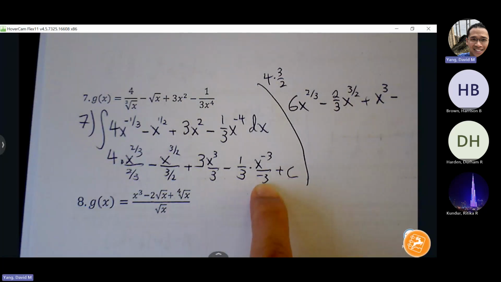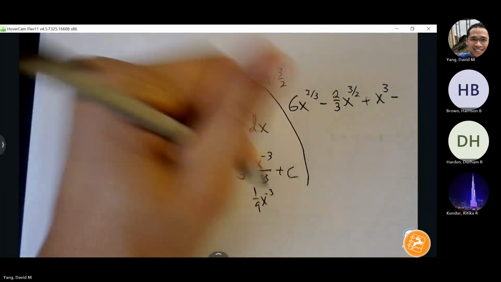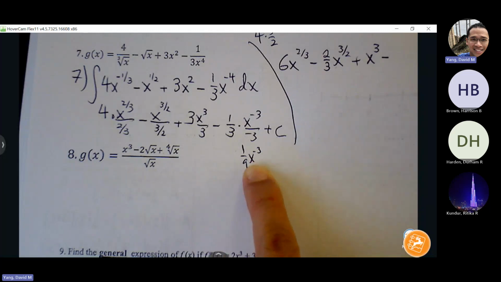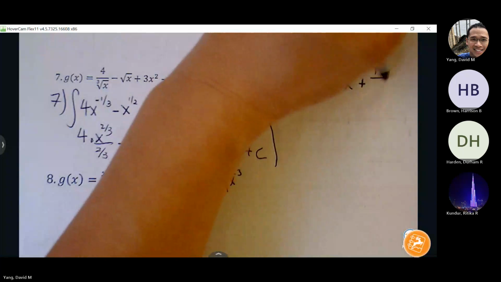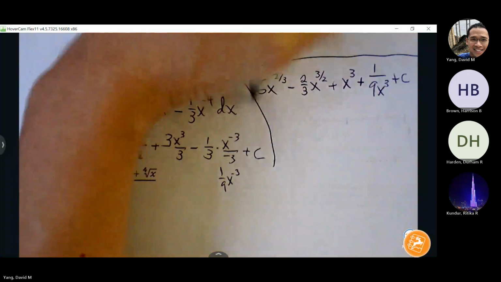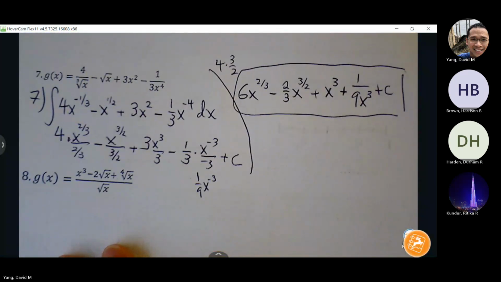Negative 1/3 times, or the 3's in the denominator can multiply. I have 2 negatives there that become positive, so 1/9 x to the negative 3. But I'm going to drag that x down to the denominator so I can present my answer with a positive exponent. So 1 over 9 x cubed plus c. Was that what you got? Yes. Okay.